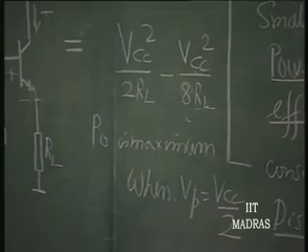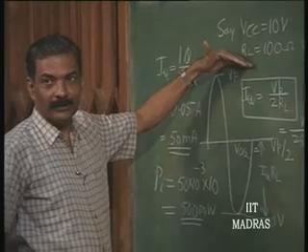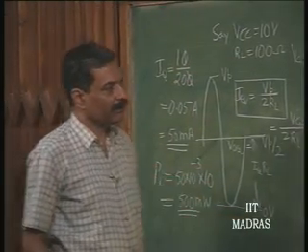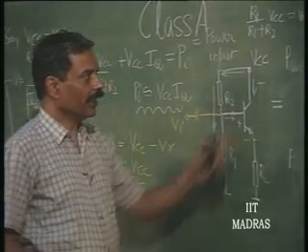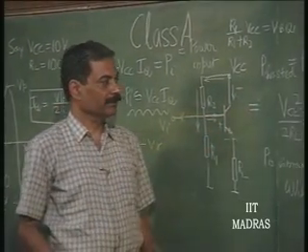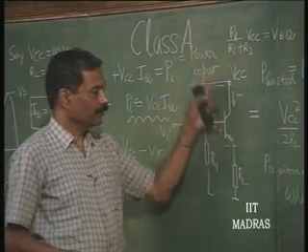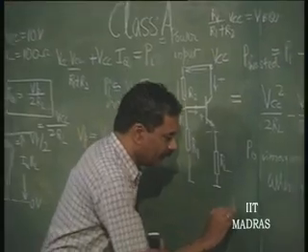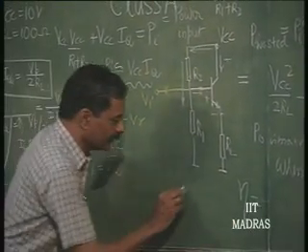If this is Vcc by 2, on one side it can go up to Vcc, on the other side it can go up to 0. So, it is Vcc by 2, and therefore, that much power is wasted in the circuit. Efficiency is defined as, this is efficiency.